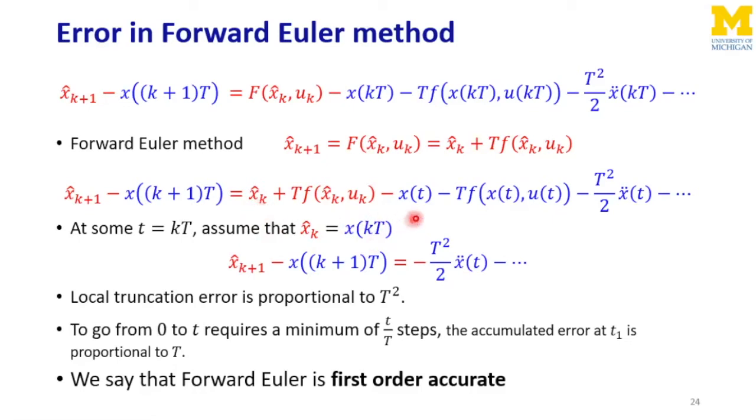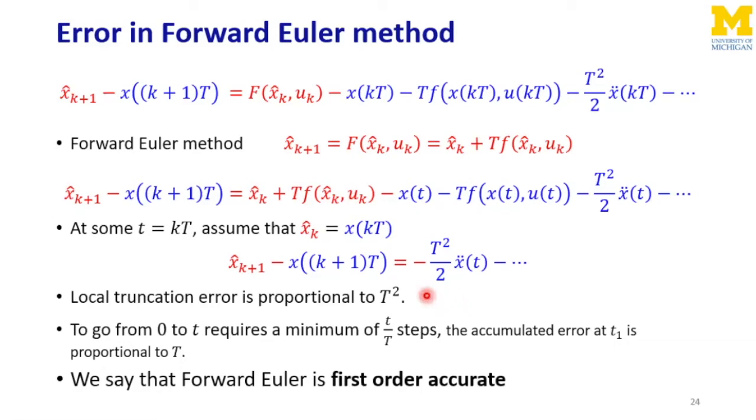So x hat k and x of kT were the same. So in that case, I can cancel these four terms out. X hat k is canceled by this, and T times f is canceled by T times f here. And all I'm left with is this equation. And what this is saying is that if you didn't have any error at step k, at k plus 1, your error is going to be proportional to T squared.